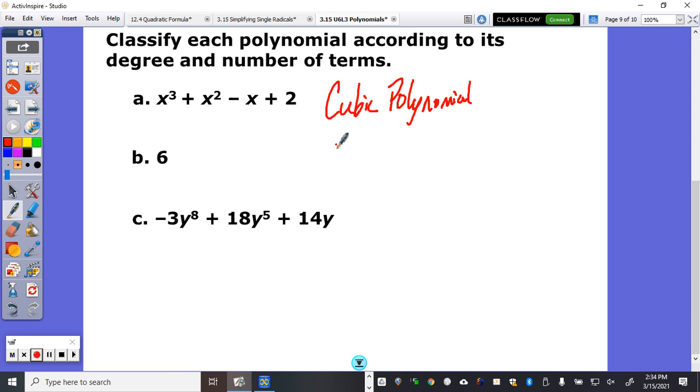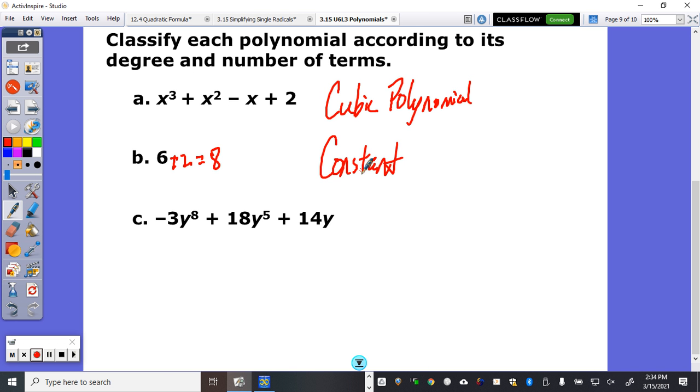Okay? So this is the constant. Now, understand, a constant will always be a constant. It doesn't matter if I add another constant and make it a binomial, because it still gives me back a constant. Okay? So we don't say constant monomial or constant binomial. It's just a constant. Okay?